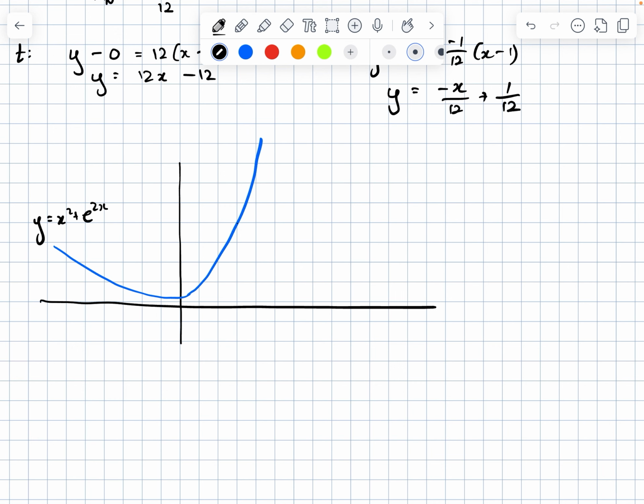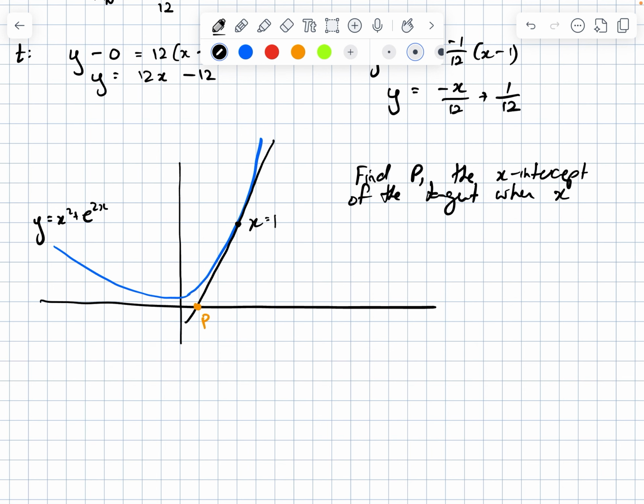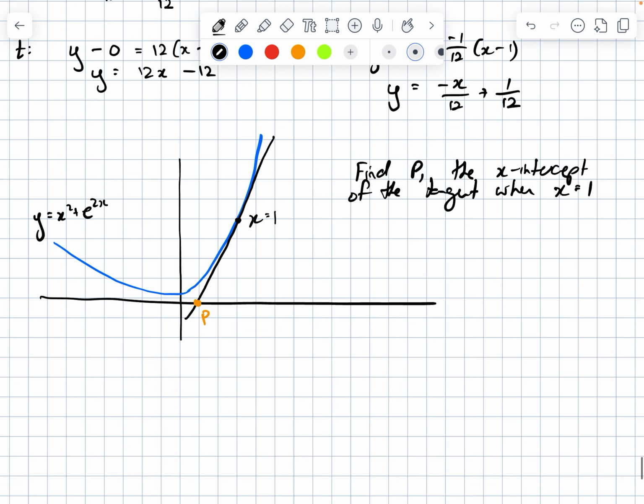We're told that there's a tangent at x equals 1 to this curve, and when this tangent intersects the x-axis, we get the point P. We want to find P, which is the x-intercept of the tangent when x equals 1. So our sort of method here is to work out the equation of the tangent and then sub y equals 0.